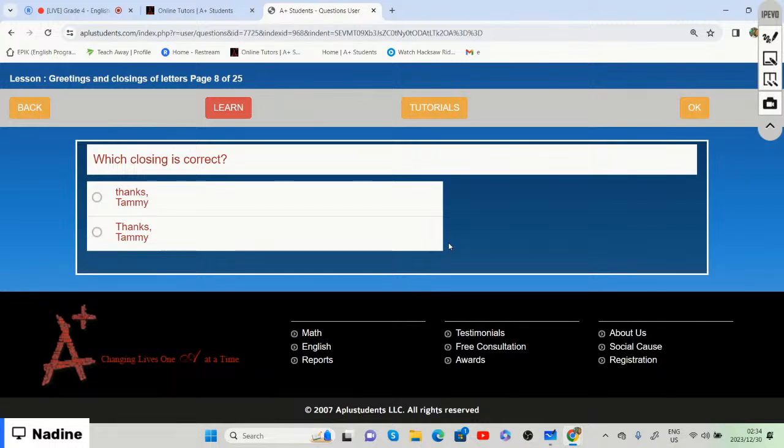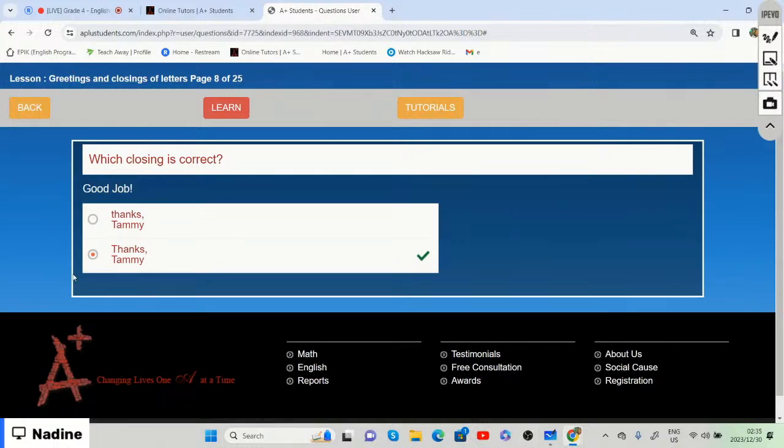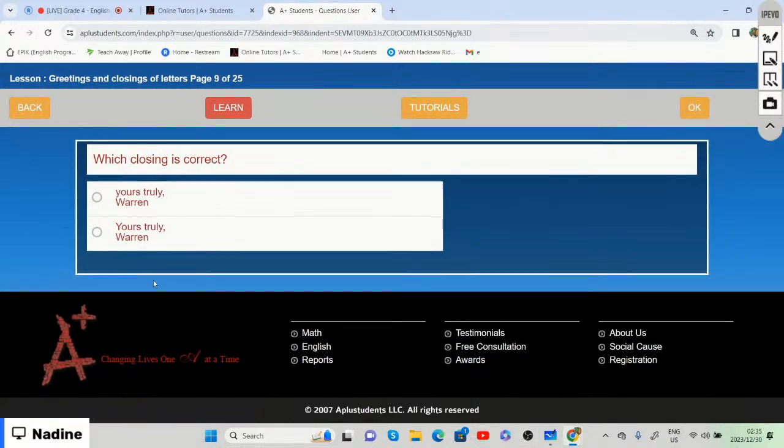If we choose the correct one to show the closing, it's the second option, with capital letter T for "Thanks," and then "Tammy." That one is correct. Well done. Now we're going to do the last one.